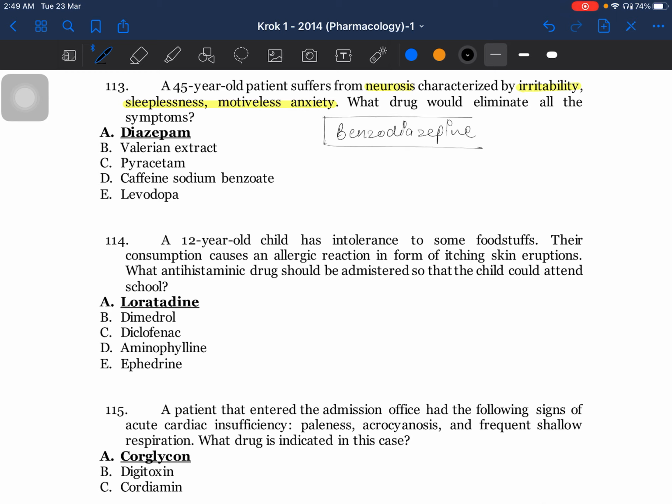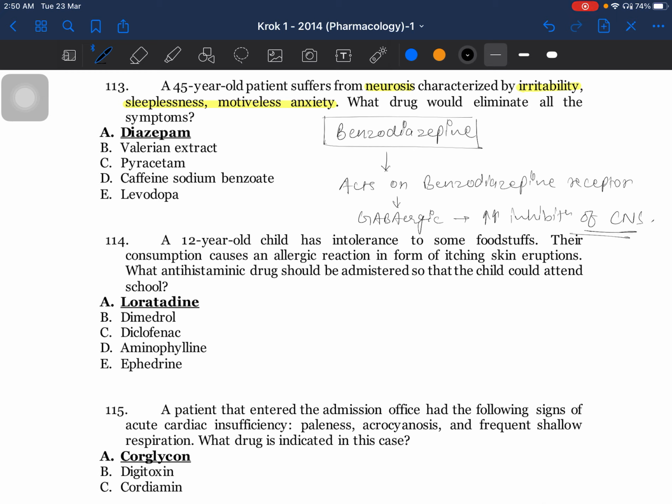These benzodiazepine drugs basically act on the benzodiazepine receptor, and they are GABAergic, which will increase the inhibition of the central nervous system.